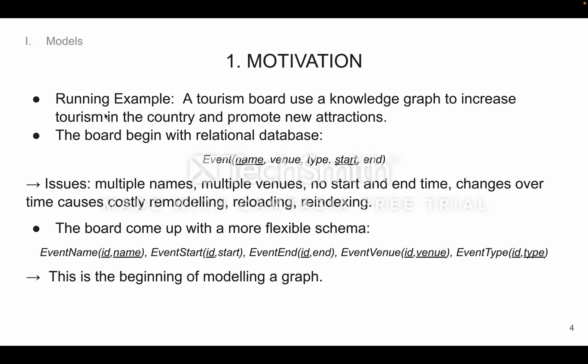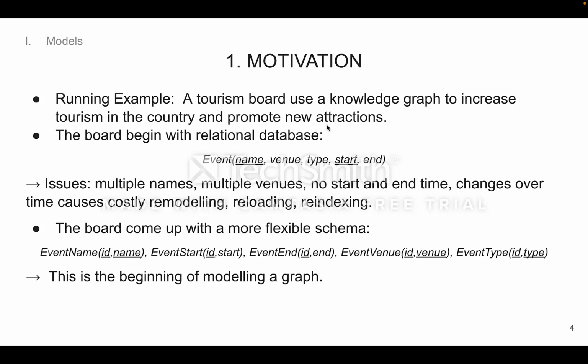So consider the running example given in the introduction chapter, where a tourism board used a knowledge graph to increase tourism in the country and promote new attractions from other areas.